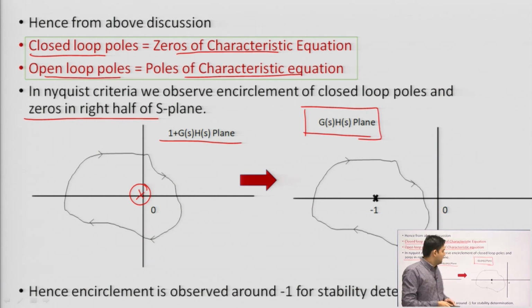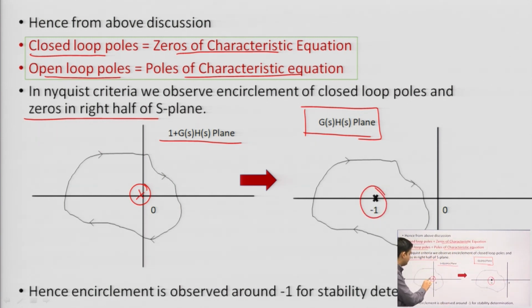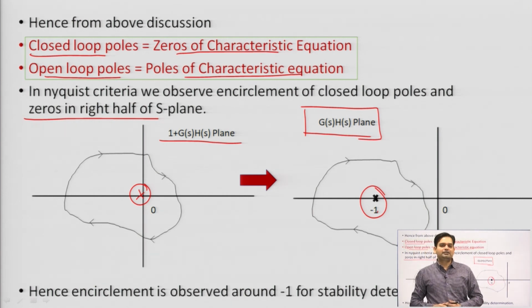So, that is why I will convert this 1 plus G(s)H(s) plane into G(s)H(s) by shifting this plot around -1. So, here we were encircling the origin, here we are doing this for -1 and this is the critical point that will tell us whether our system is stable or not. Okay. So, the remaining concept we will discuss in the next session.